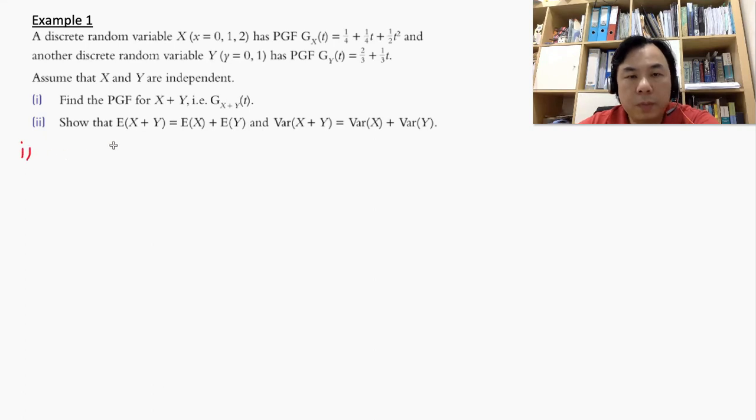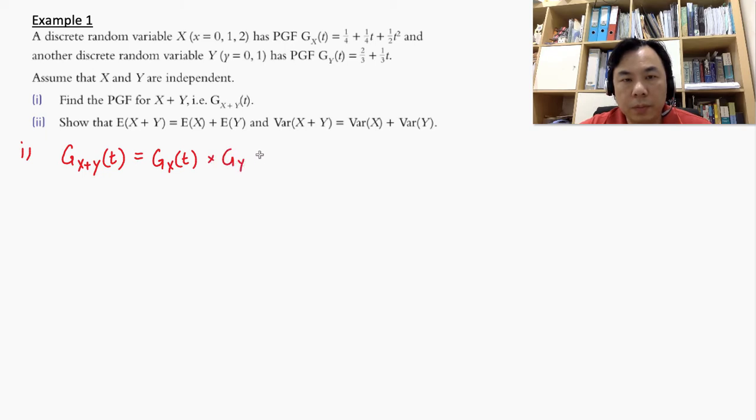Okay, number one. So gx plus y here. Now we have learned from our previous derivation that the sum of the probability generating function is the same as the product of their individual probability generating functions. Okay, so it's their product.